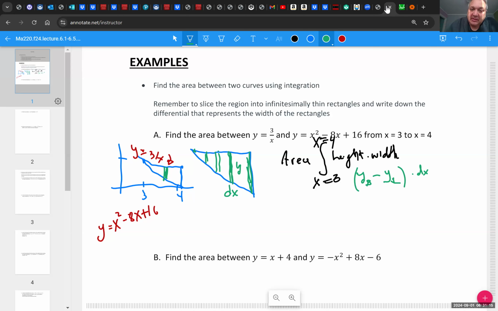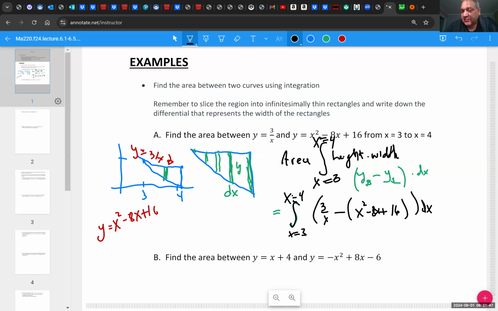So this ends up being an area of, let me go back to black, of x equals 3 to x equals 4. The big one is 3 over x. The little one is x squared minus 8x plus 16. Don't forget your parentheses. And all of this is times dx.